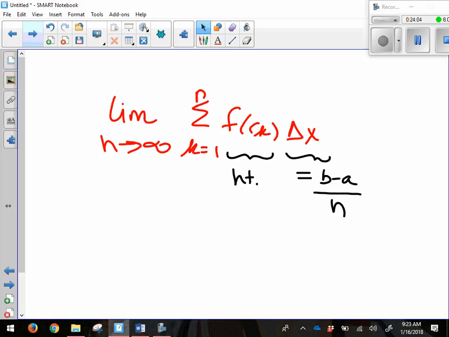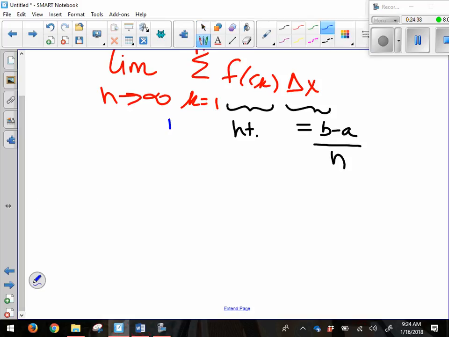Now, if you were in AP Physics last week, we talked about this a little bit when we found the center of mass of a continuous object. I had an infinite number of pieces that I had to add up. And I'm telling you again now that if I add up an infinite number of pieces, because I'm letting my number of subintervals go to infinity, that sum becomes, with a drum roll, an integral.